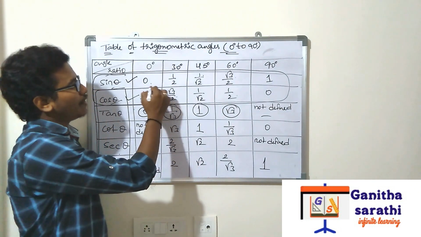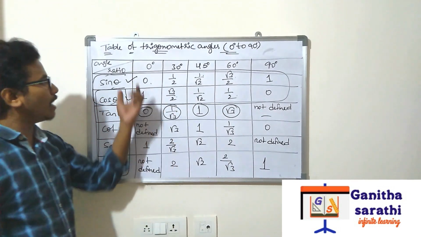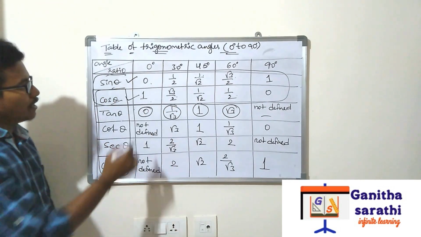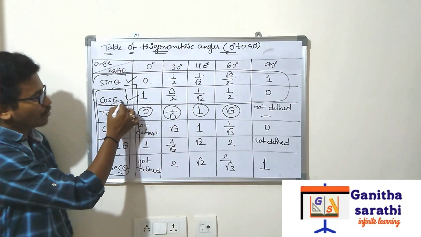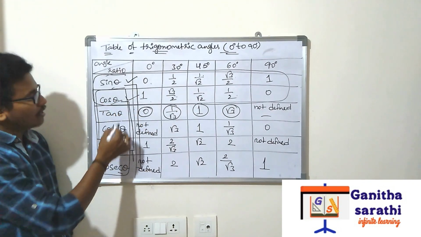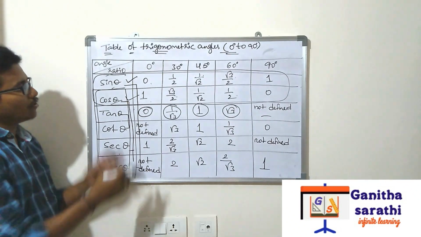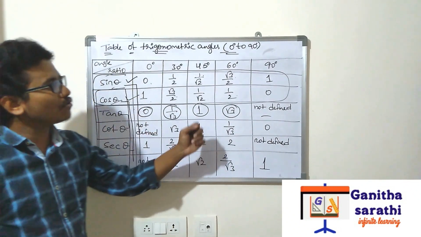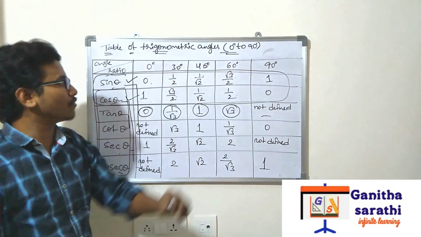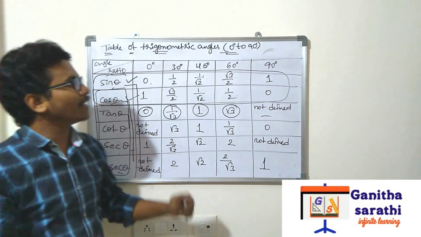Perfectly, you should remember these two, sine value and cos value. Sine will be the reciprocal of cosecant, cos will be reciprocal of secant, tan will be cot. So, if you remember sine and cos, you can get the whole values of trigonometric angles. Understood? So, this is the trigonometric angles ratio.